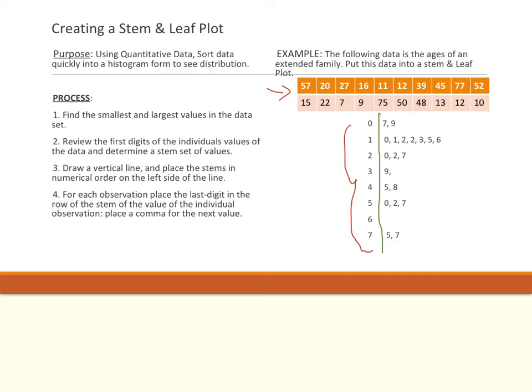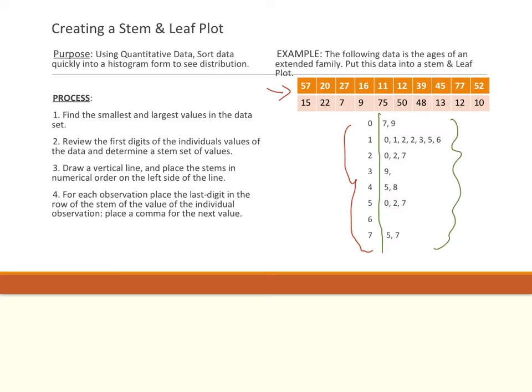For each observation, place the last digit in the row of the stem of the value of the individual observation. Place a comma for each next value. So our leaves are over on this side. In the following data set, the ages of an extended family, we put it into a stem and leaf plot.